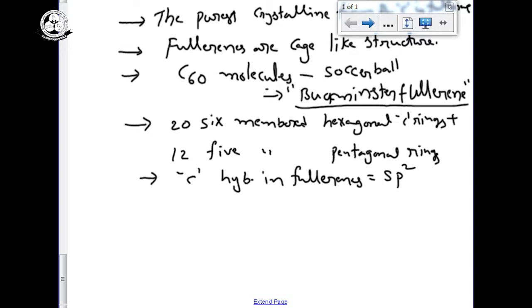In Buckminster fullerene, all the carbon bonds are single bonds only. Each carbon is surrounded by 3 other carbons only.